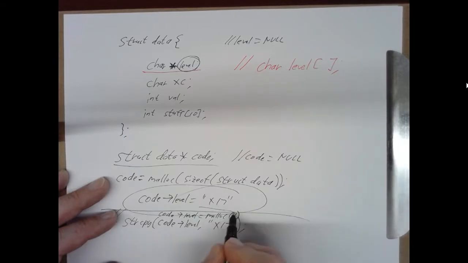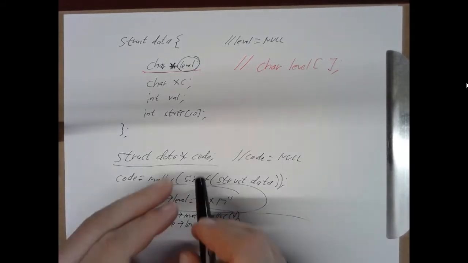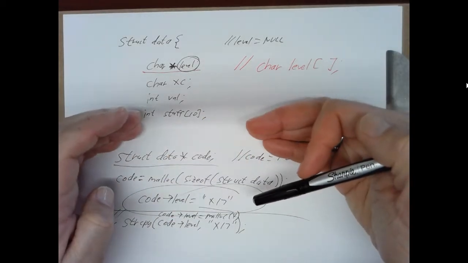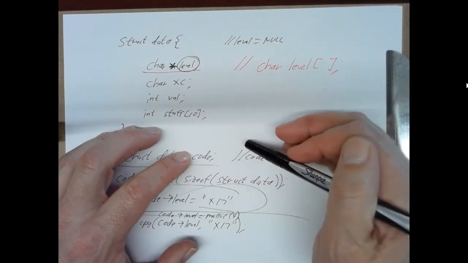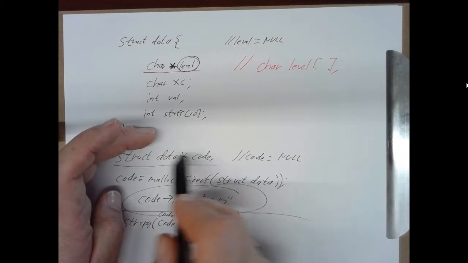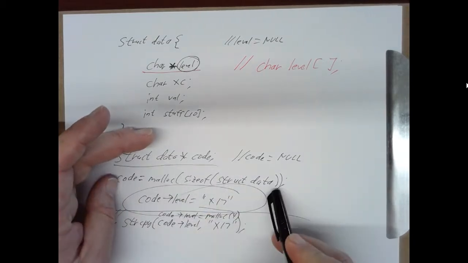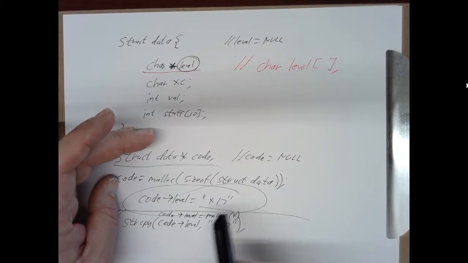Yeah, but this is not really a local variable, right? Now, if you define code within your function, right, and it's just a struct data, and you say code.level equals x17, that's going to go away when you exit. But if code is a pointer to a struct data, and you have it point to some address, and you set that level piece to x17, that will remain in memory.